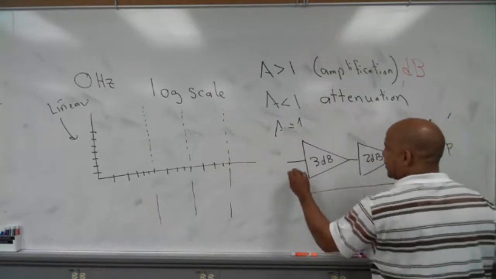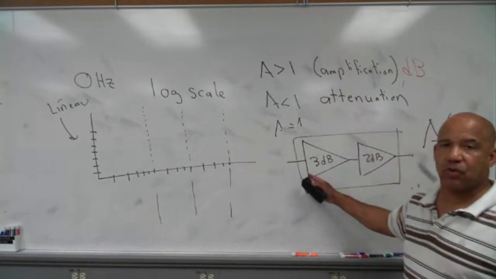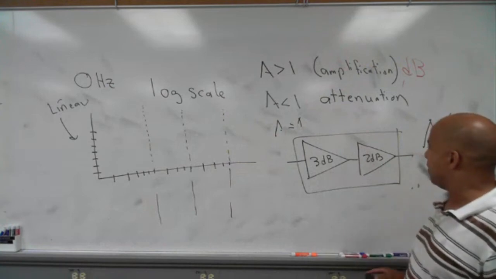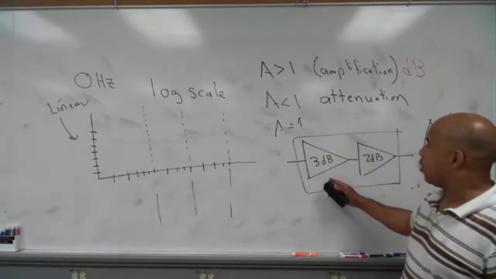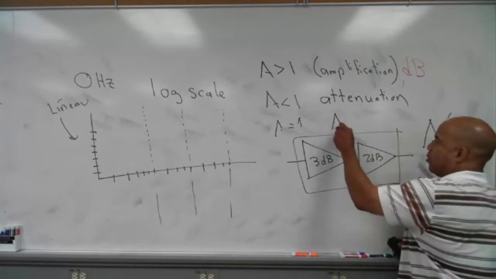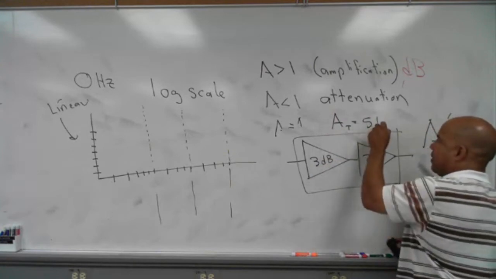I put that in one box, so I have a 2-stage amplifier. This one is called the front end, and this is called the back end. And so the total overall gain here, I would just add these up. My total gain here would be 5 dB.